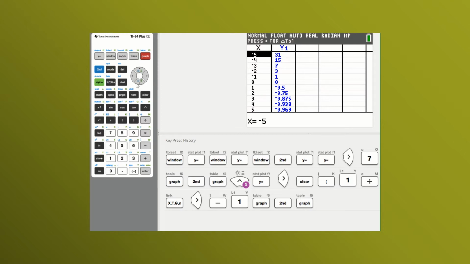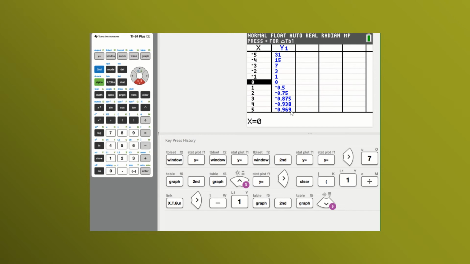And I can see that if I go down here to when x is equal to 0, we got a y-intercept there at 0. Y is equal to 0, so there's our y-intercept. And as x is getting positive, I can see that it's negative 0.5 when x is 1. When x is 5, it's equal to negative 0.969.